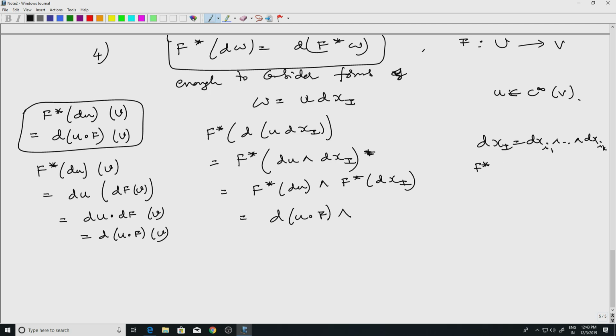So when I do f star dxi, I get f star dxi1 wedge dot dot dot wedge f star dxik.